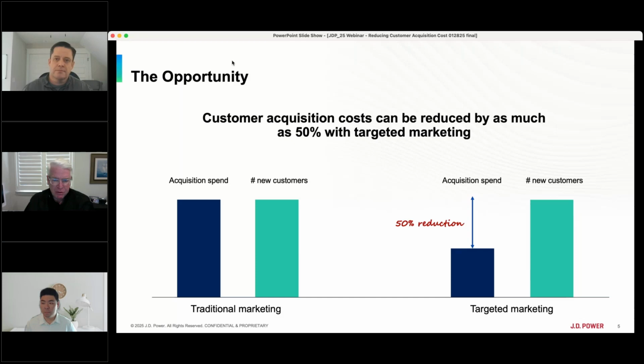So moving from traditional marketing to targeted marketing. It's a big number, and you can either take those savings and drop them to the bottom line or use them for other purposes, or you could accelerate your growth and set your growth goals higher using the same amount of budget, or maybe some combination of those two strategies. But the question is, how do we do this?